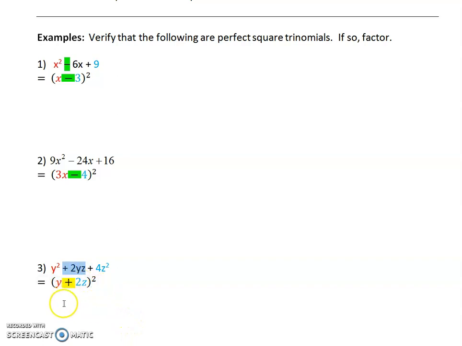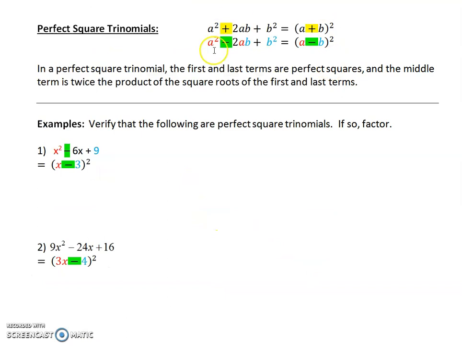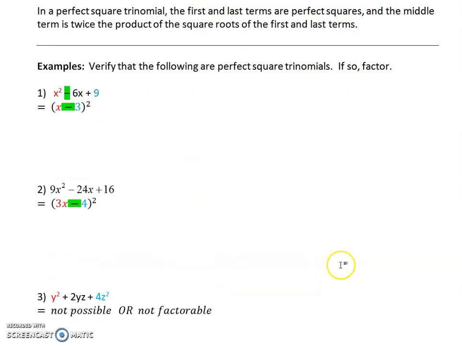So this is actually not the right answer. If you decided to expand it, it would actually give you something different than this. In this case then, I would say not possible. Or if you want to, you can write not factorable. All right, so it's not actually possible to factor it using any of the special products.